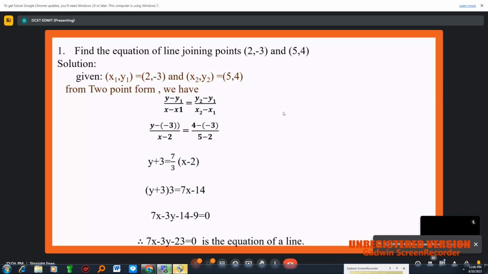If the angle is theta, then the slope is nothing but tan theta, right? And if they give the two points, then the slope is y2 minus y1 divided by x2 minus x1. I am just recalling all the formulas because I have given some questions for you next. For that, you should solve all those questions.